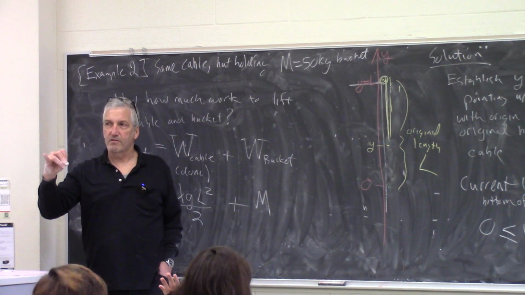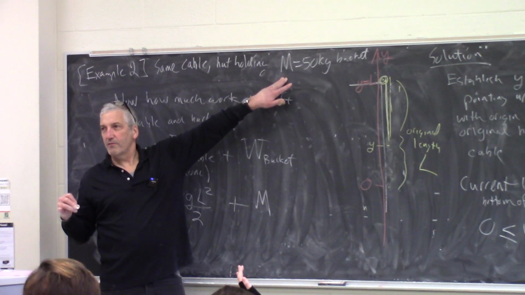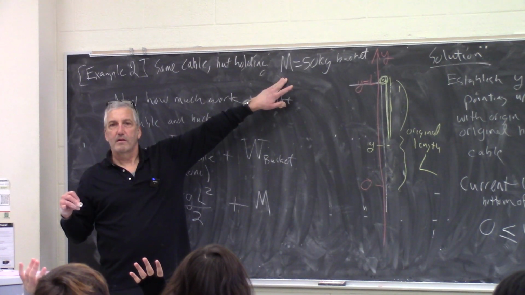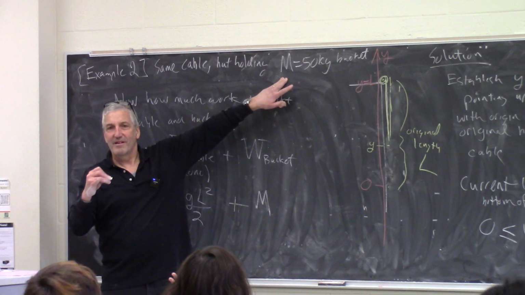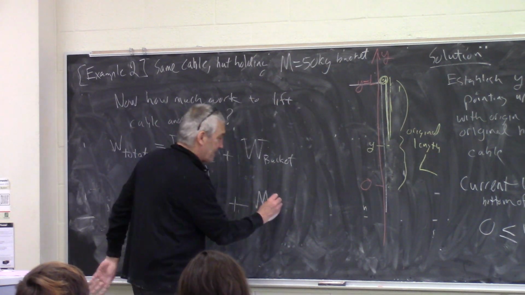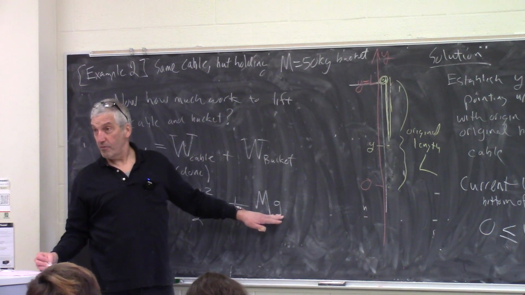What if the bucket has a mass of 50 kilograms? What's its weight? 50 times 9.8. Yeah, exactly. So 50 times g, whatever g is. And then that's a constant force.